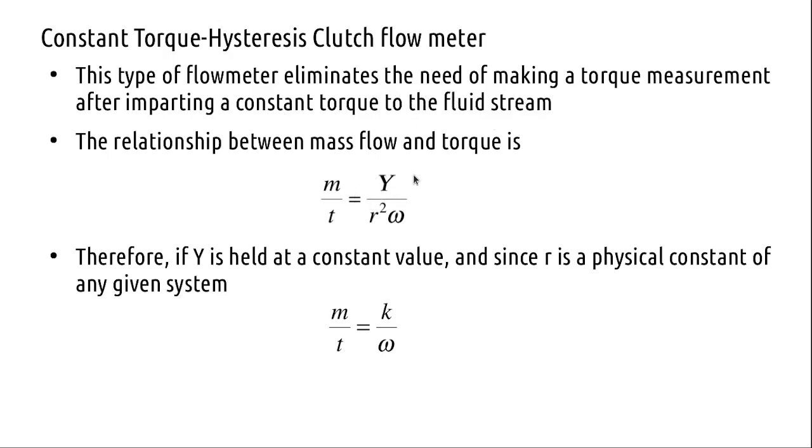You are assuming this torque to be constant. How to provide a constant torque to the fluid is done by using a mechanism called a hysteresis clutch. A hysteresis clutch is a way to transmit power electromagnetically.